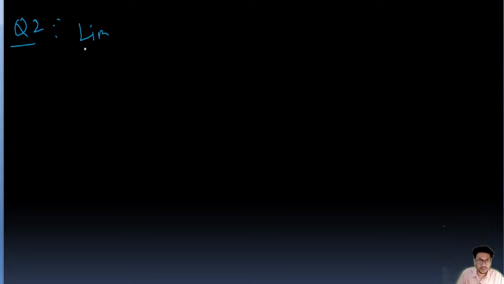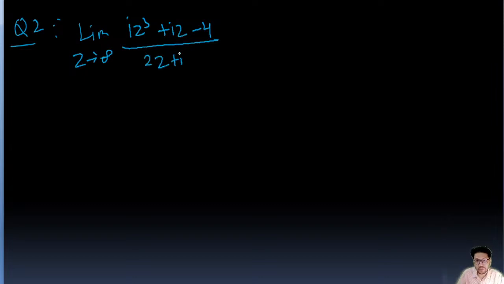Okay, so this is limit z tends to infinity of i z cube plus i z minus 4 upon 2z plus iy into z minus i whole square.